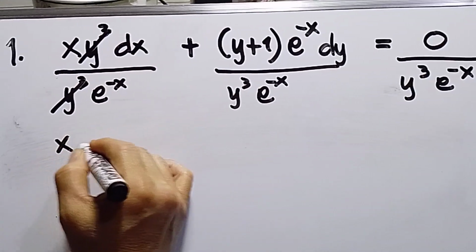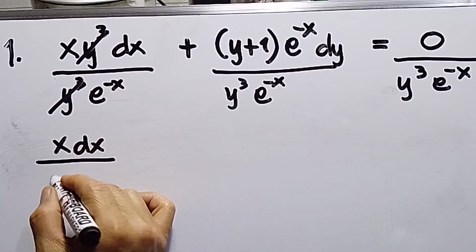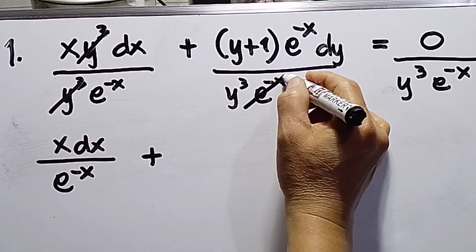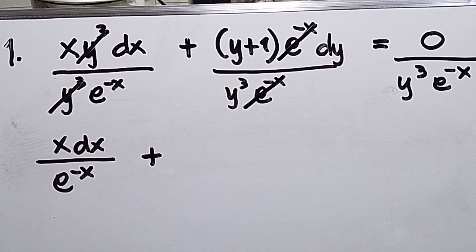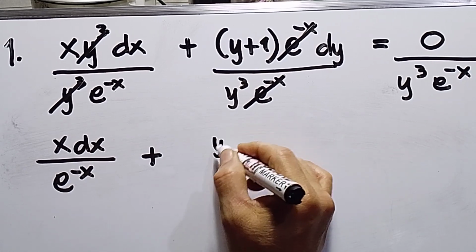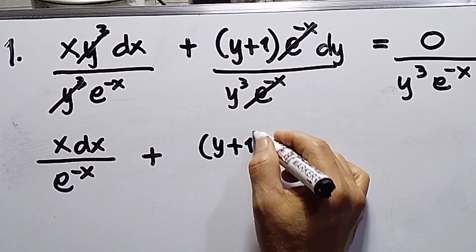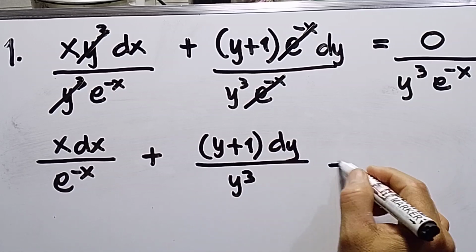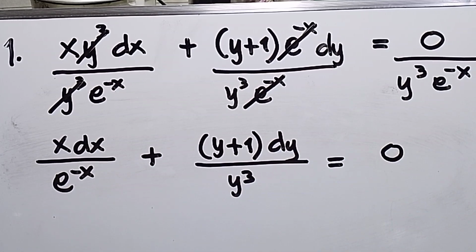So I have x dx over e to the negative x plus, this will be crossed out, e to the negative x, so I have (y plus 1) dy over y cubed is equal to 0.